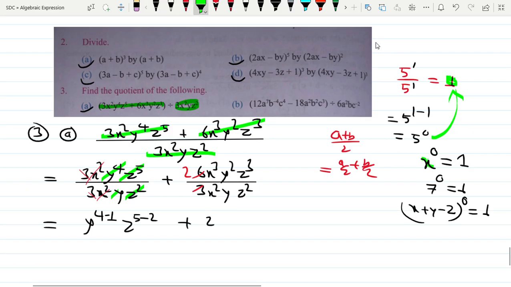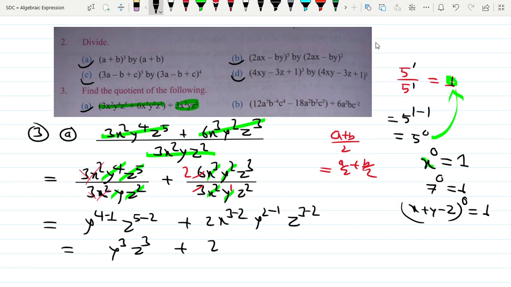The x have the same base but different powers, so the powers get subtracted: 3 minus 2. For y also, they are getting divided, so the powers get subtracted, and below you can consider power 1, so y power 2 minus 1. Same for z, z power 3 minus 2. Once you do that, you get y power 3 z power 3 plus 2 x power 1, y power 1, z power 1. So you get y cube z cube plus 2xyz as the result for part A.